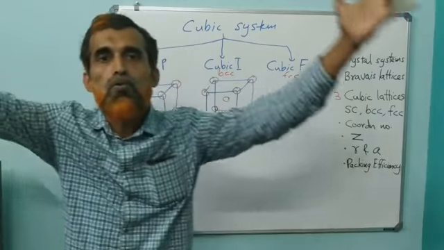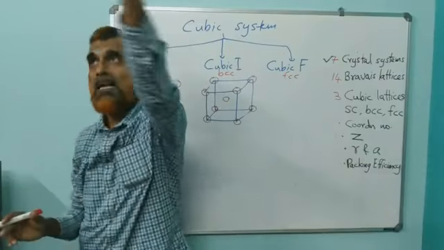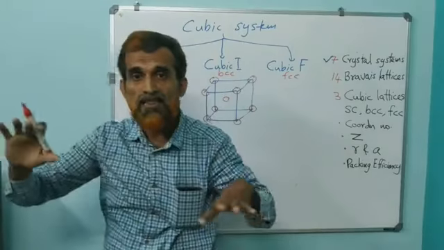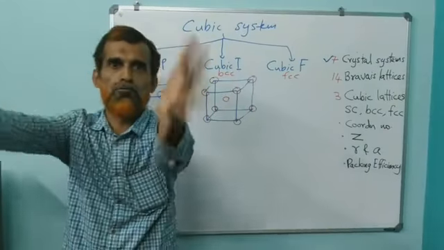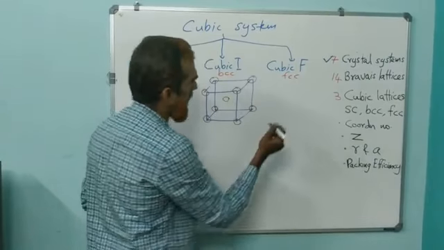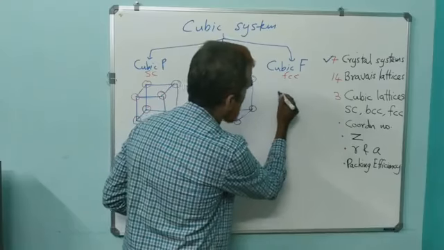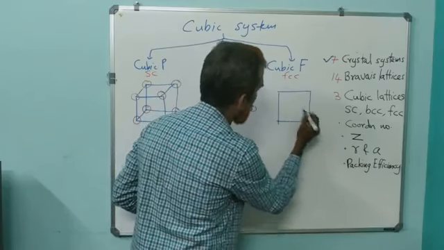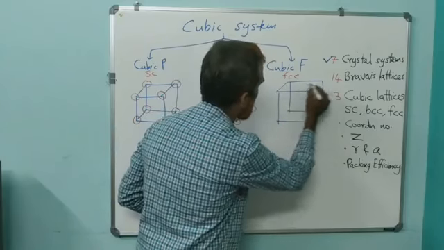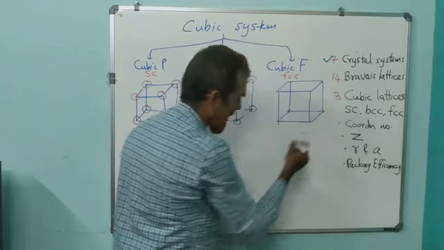Suppose your room is a cube. There are 8 corners, as I said in the previous class. Particles are there and there is a particle at the center of your room like this. Then the third one is face-centered cubic. Where are the additional particles?